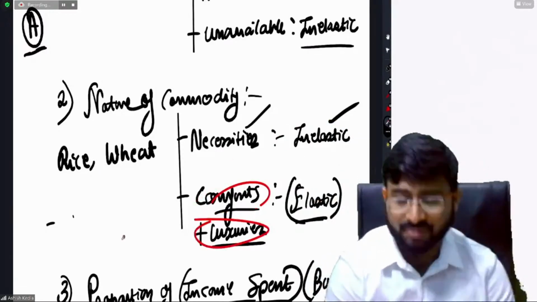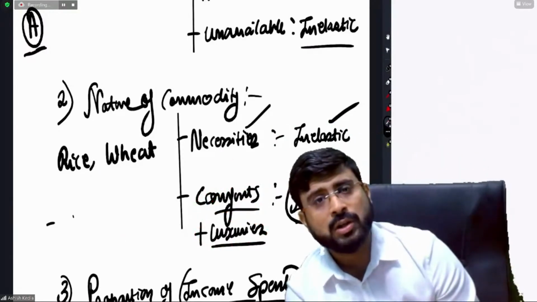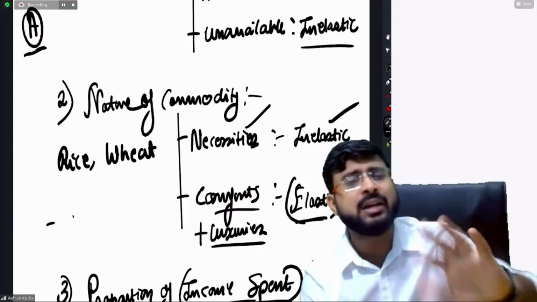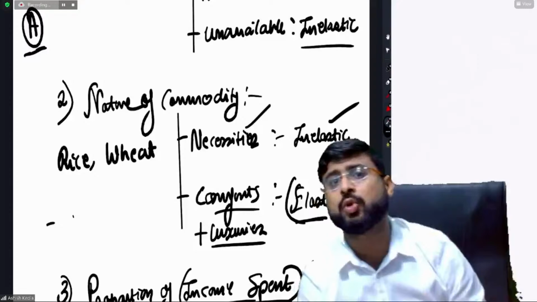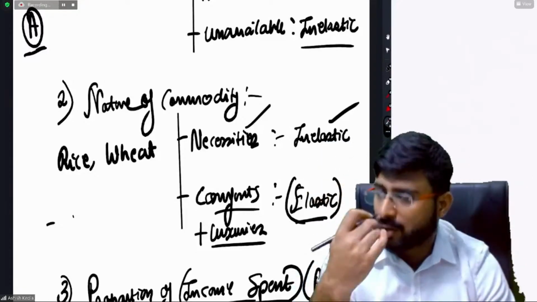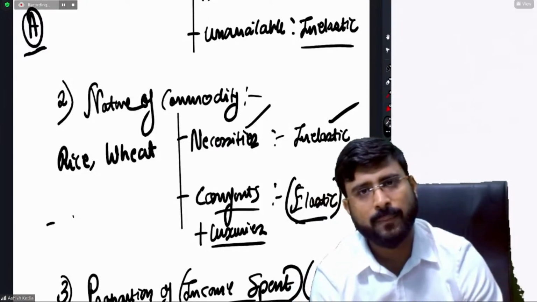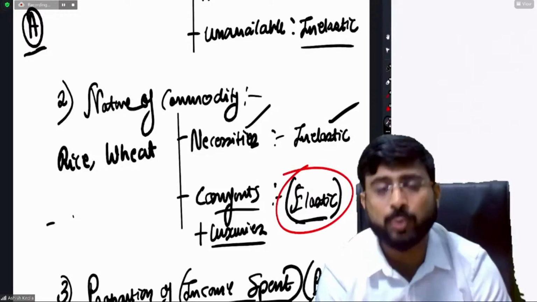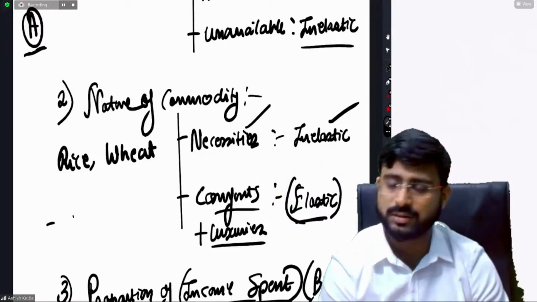But if it is a comfort or luxury, they are not essential to my existence. So if their prices are very high, I may shift the demand in the future. It is possible to postpone demand, forgo demand. And hence demand is going to be elastic in such a circumstance.